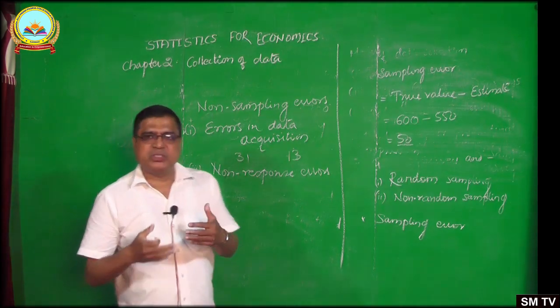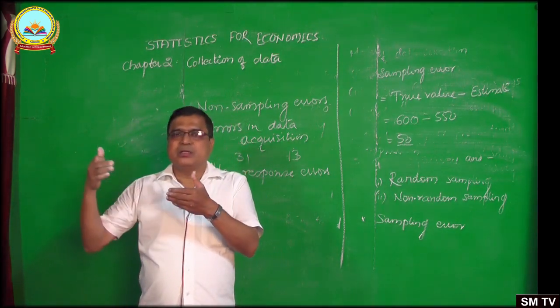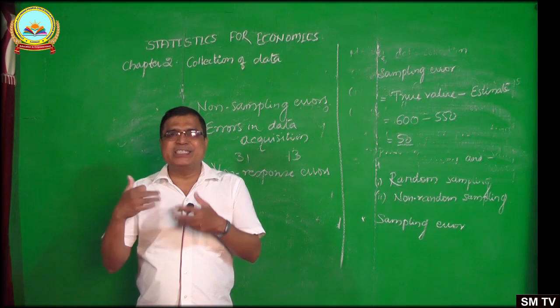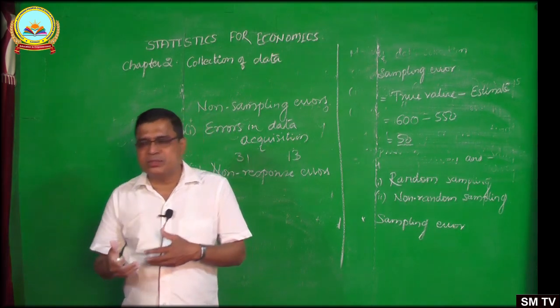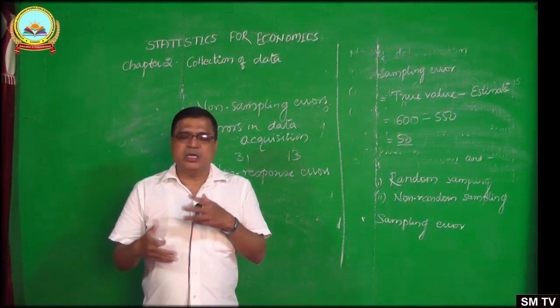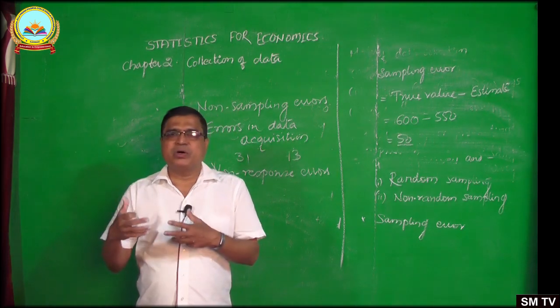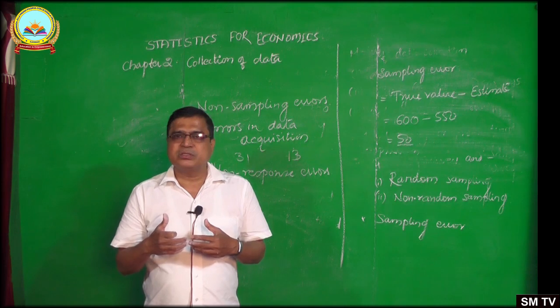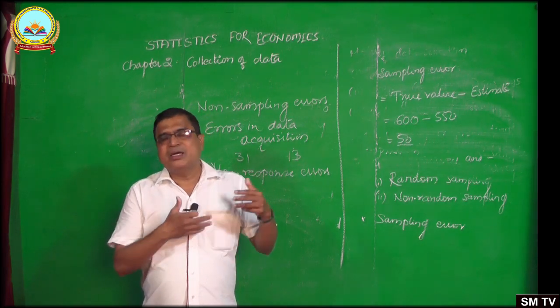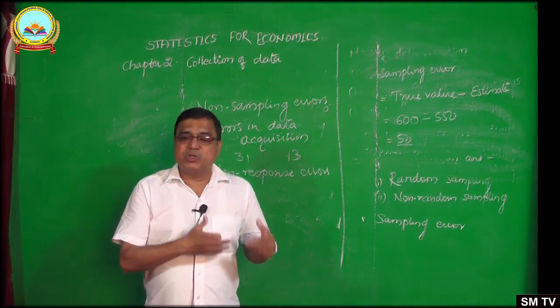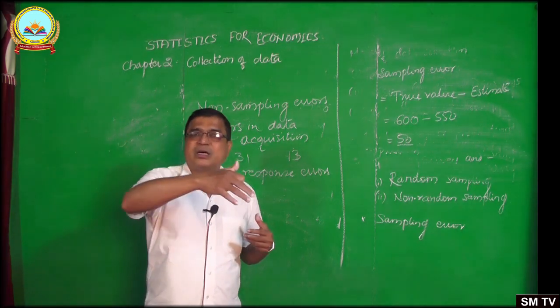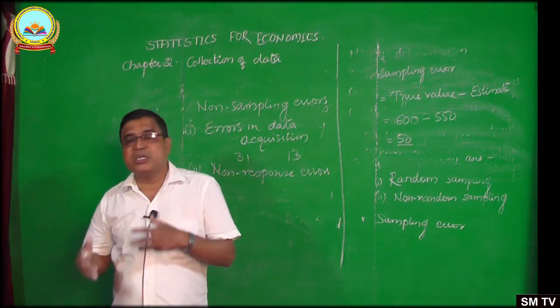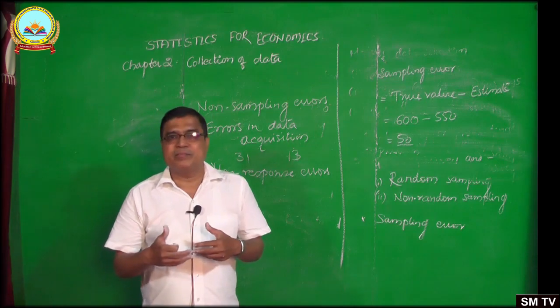So non-response, that means what? The respondents hesitate to answer the questions, or they may not give proper or reliable data. So that is called non-response errors. Or even the enumerator may not have visited the respondents who are actually required for the survey.